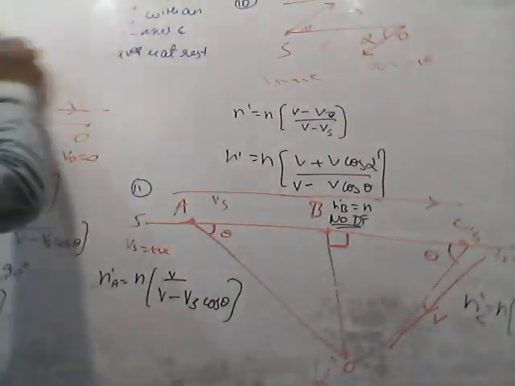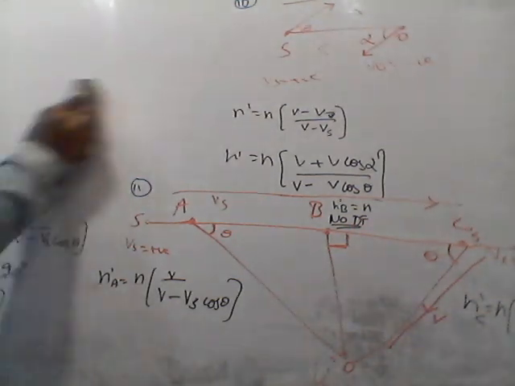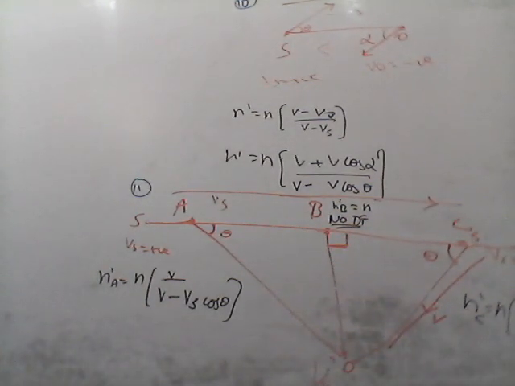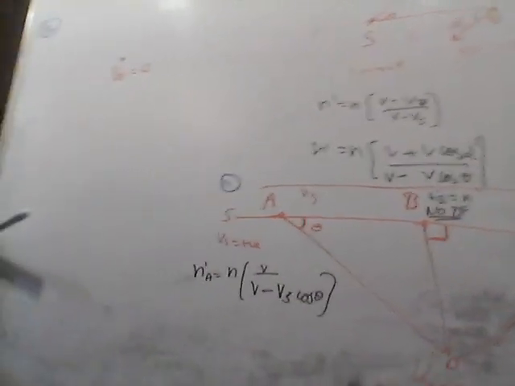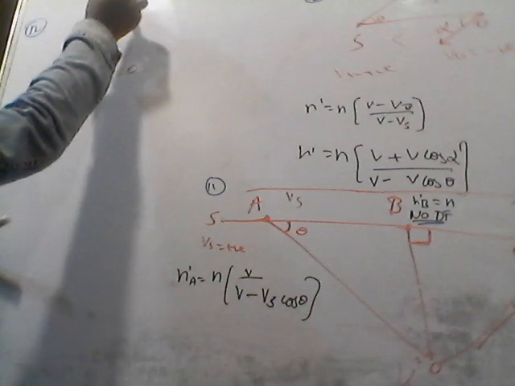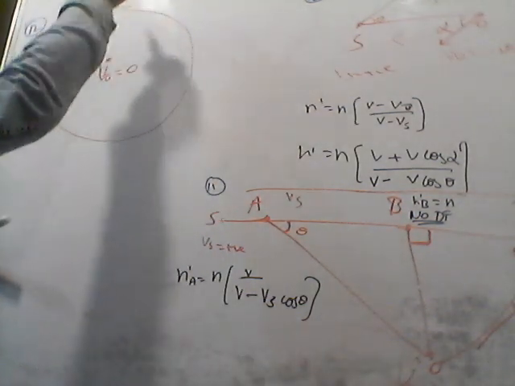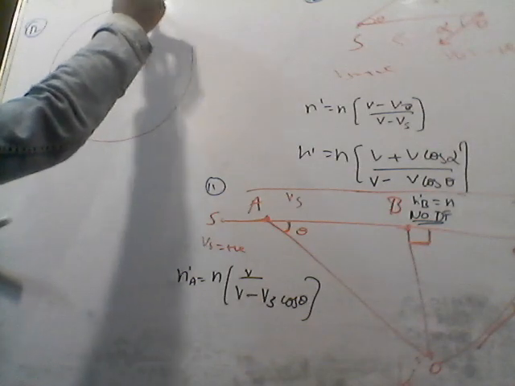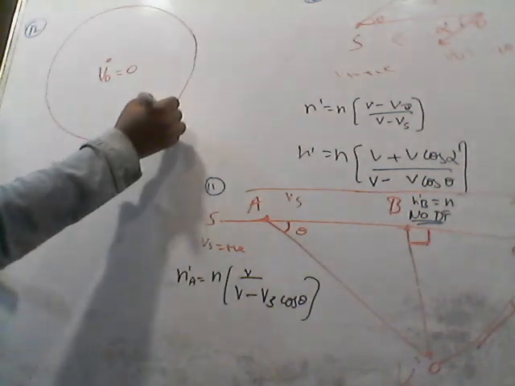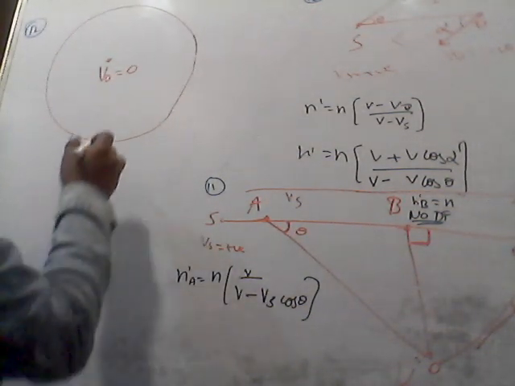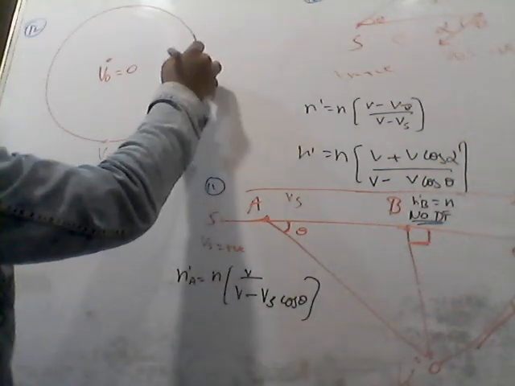It's case 12, and case 12 is a bit different. I'm not writing anything. Suppose the observer is present here, who is at rest. The source is moving in a circular path around the observer. This is the source, moving in this direction.